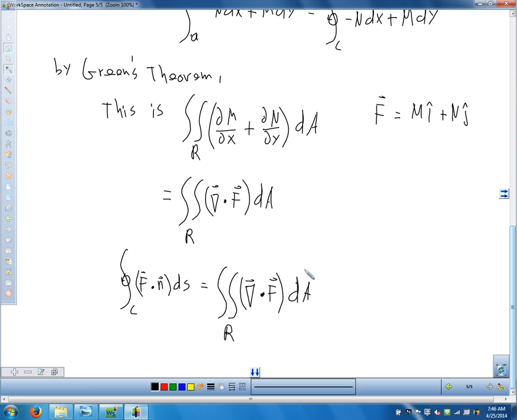We'll extend this to 3 dimensions, and this will become our divergence theorem, and we'll relate the divergence over a 3-dimensional region. So we use a triple integral, and that will tell us about the tendency of the field to cause an outward flow through the surface of that solid region. It's kind of a preview of where we're going with these ideas.